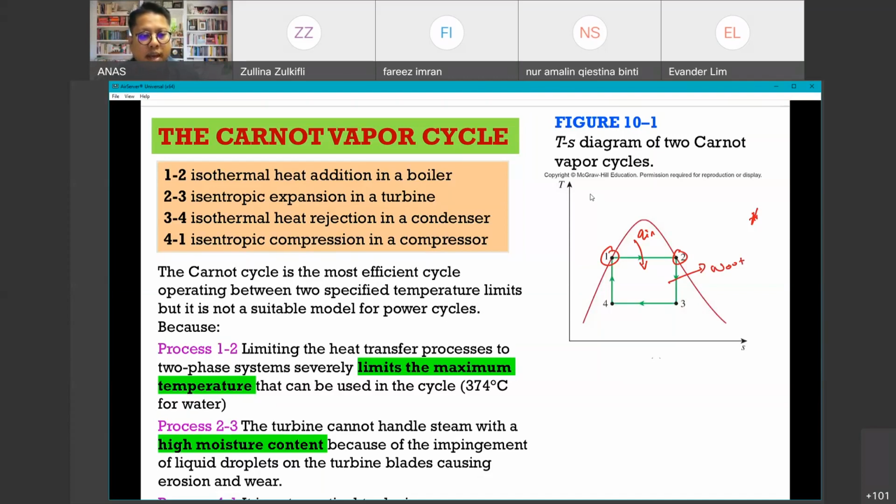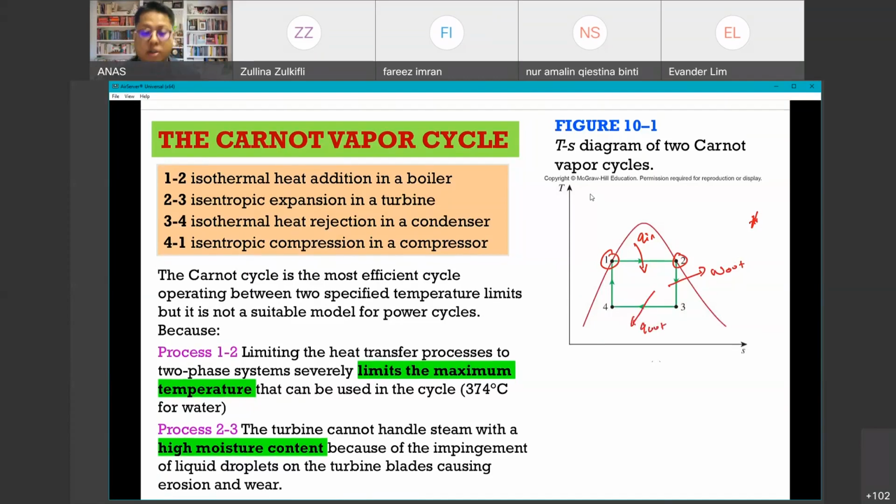And then 3 to 4, isothermal heat rejection in the condenser. So now we have Q out at the condenser. And then finally, 4 to 1, isentropic compression in the compressor. So basically over here, we need W in. So that's roughly about the Carnot vapor cycle.